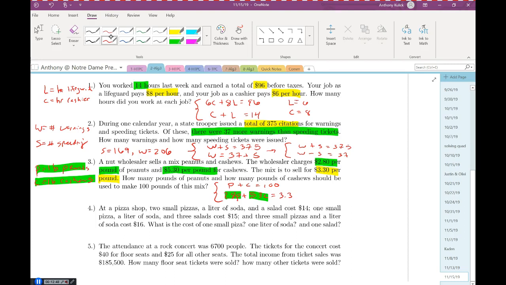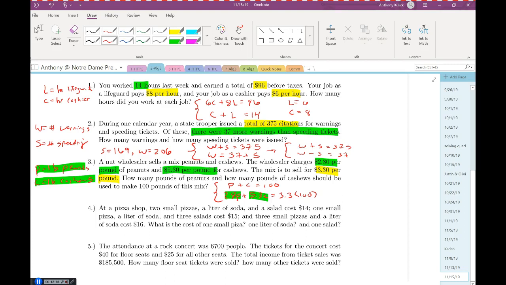100. Very good. Why 100? Because it's 3.30 dollars per pound of mix, and we have 100 pounds of mix that we're making. Good. That's a little bit tricky there, getting that times 100 at the end. Does everybody see why the times 100 needs to be there?